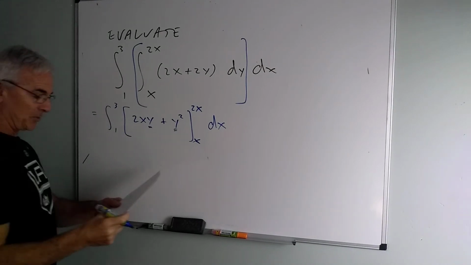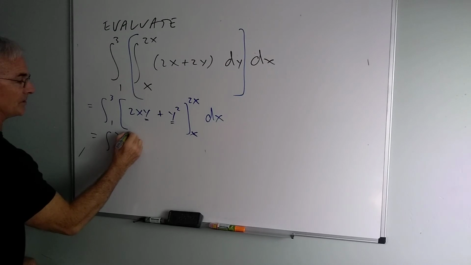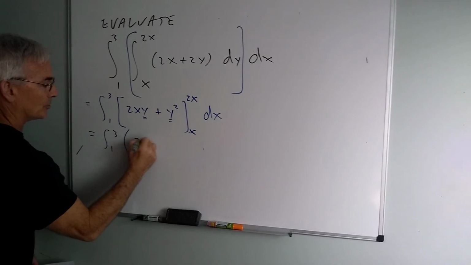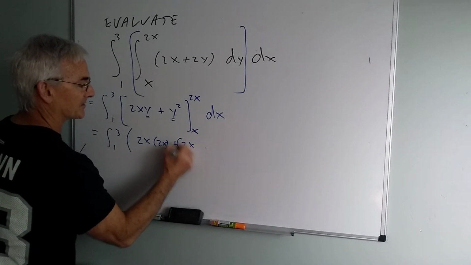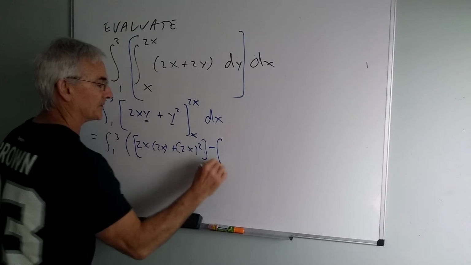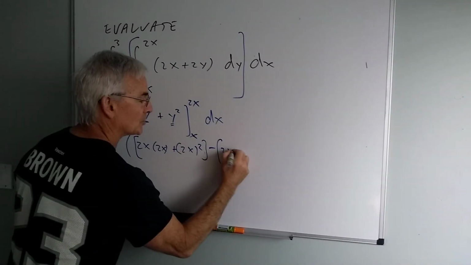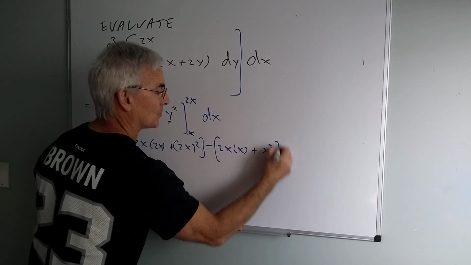So what I get at this point is the integral from 1 to 3 of 2x plus 2x squared. That's the first term. Minus 2x times x plus x squared.